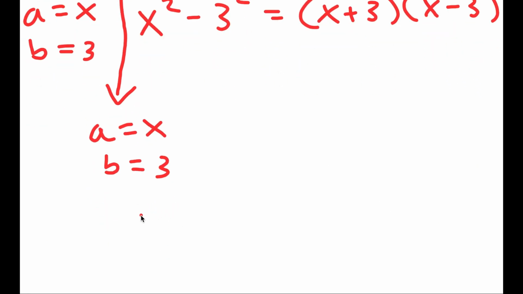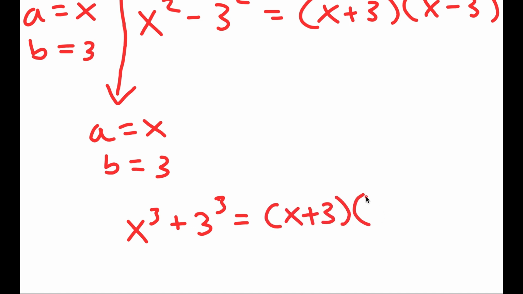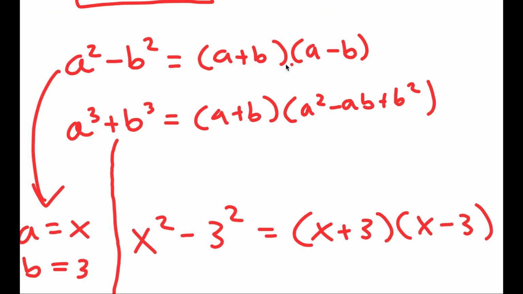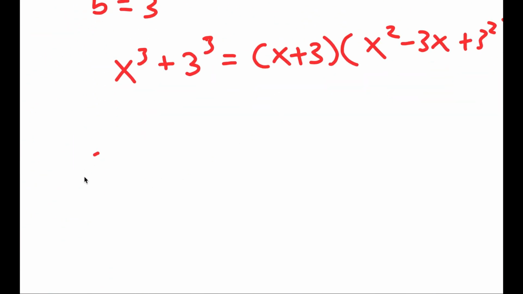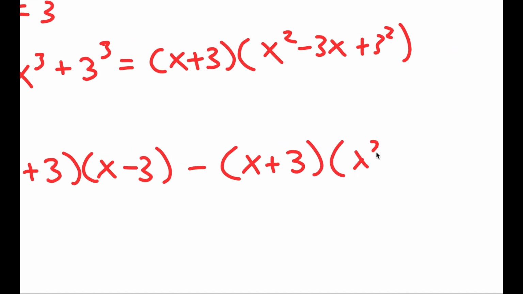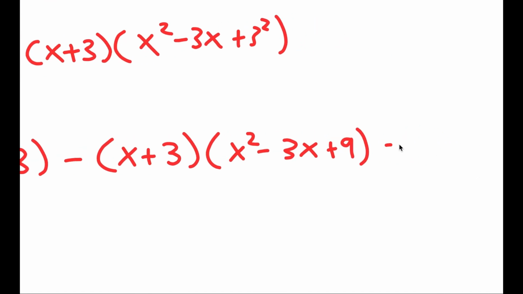So x to the power of 3 plus 3 to the power of 3 is equal to x plus 3 times x squared minus 3x plus 3 squared. So now if I combine these, I get x plus 3 times x minus 3 minus x plus 3 times x squared minus 3x plus 9 is equal to 0.